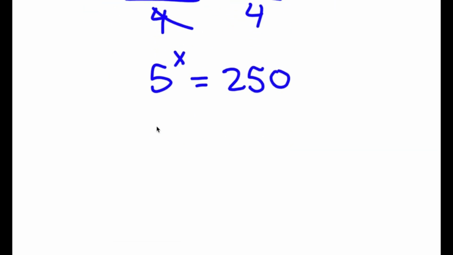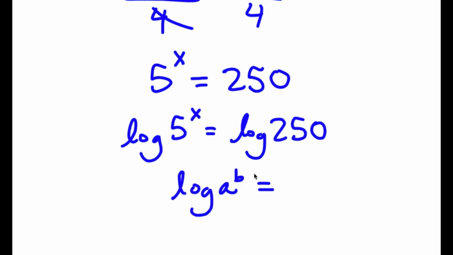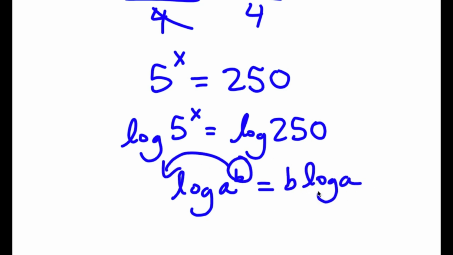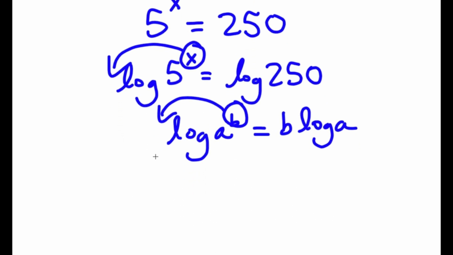So now I'm going to take the log on both sides. So now I have log 5 to the power of x is equal to log 250. And if I have something in the form log a to the power of b, I can move this exponent b to the front. So now I have b times log a. So log 5 to the power of x, I can move x to the front.